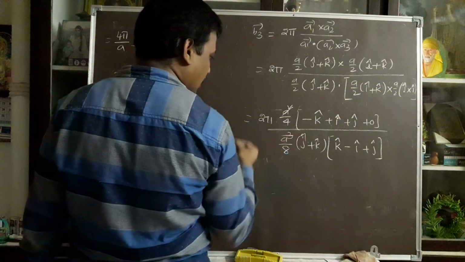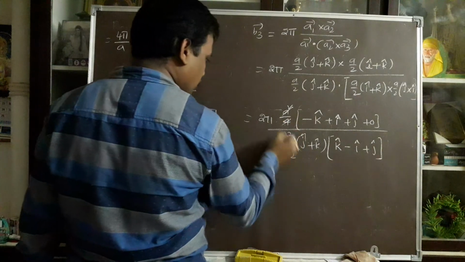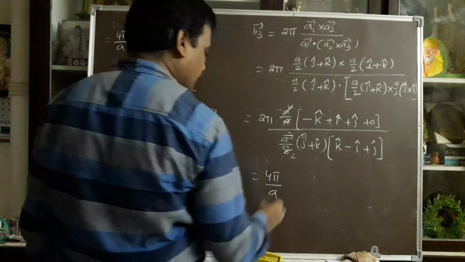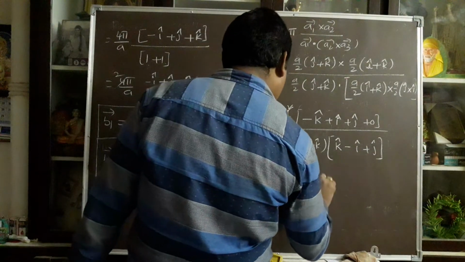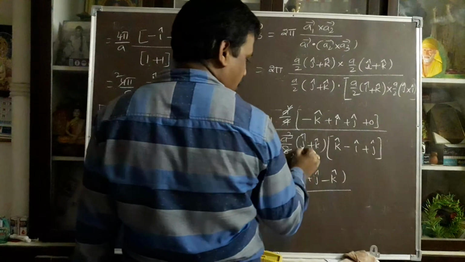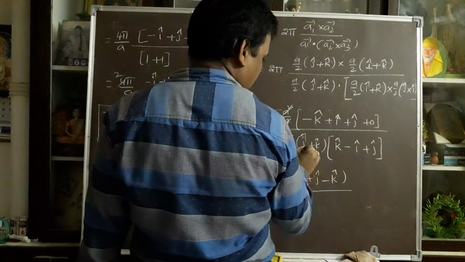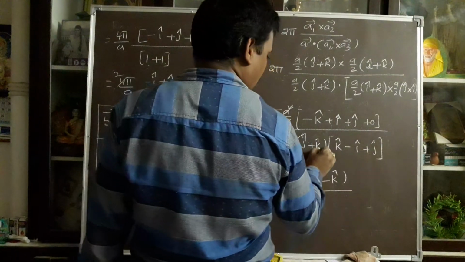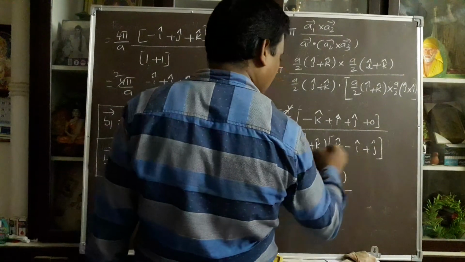So A square, A times 4, 2 times 2 goes to the numerator, and you get 4 pi by A into (I bar plus J bar minus K bar) divided by the dot product: J bar dot K bar is 0, J bar dot I bar is 0, J bar dot J is 1, K bar dot K is 1, remaining 0.